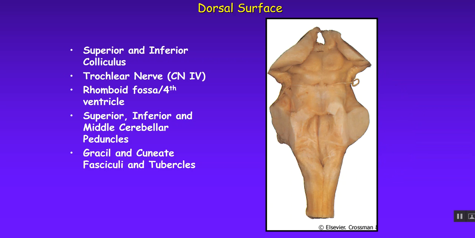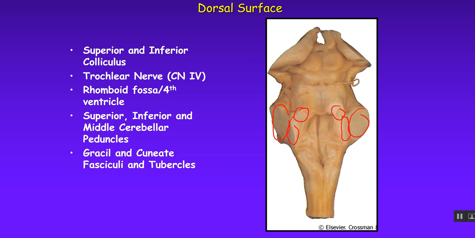And remember how we had cerebral peduncles? That's how our midbrain connected to our cerebrum. On the back side here, we have some things called cerebellar peduncles, not cerebral, cerebellar. These are the connecting stalks to the cerebellum. And there's actually 3 different ones on each side, depending on how you cut the cerebellum off the back.